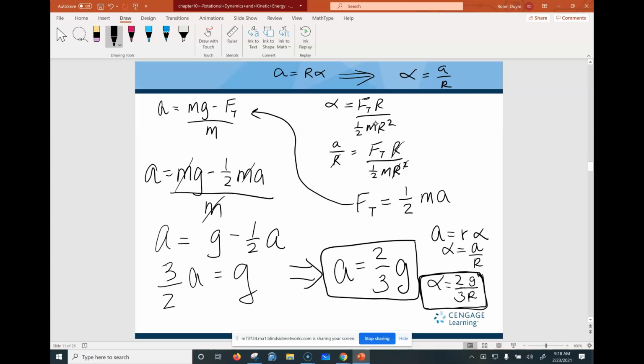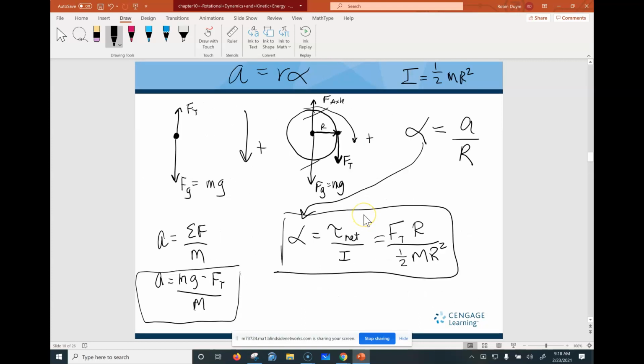So the angular acceleration of the wheel is slightly less than the linear acceleration, but the big idea here is that your linear acceleration is the same as your tangential acceleration. So around this wheel right here, here's your tangential.